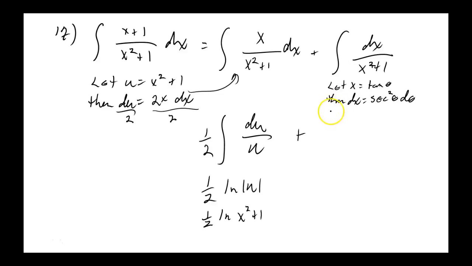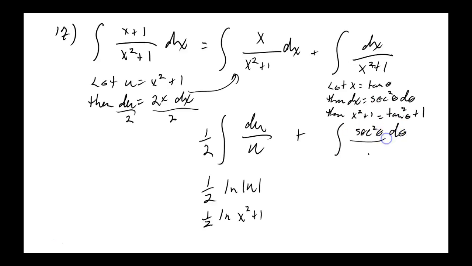What is your denominator? x squared plus 1 would be tangent squared theta plus 1. And what's tangent squared theta plus 1? Secant squared theta. So what you have here, this integral, your dx is secant squared theta d theta.